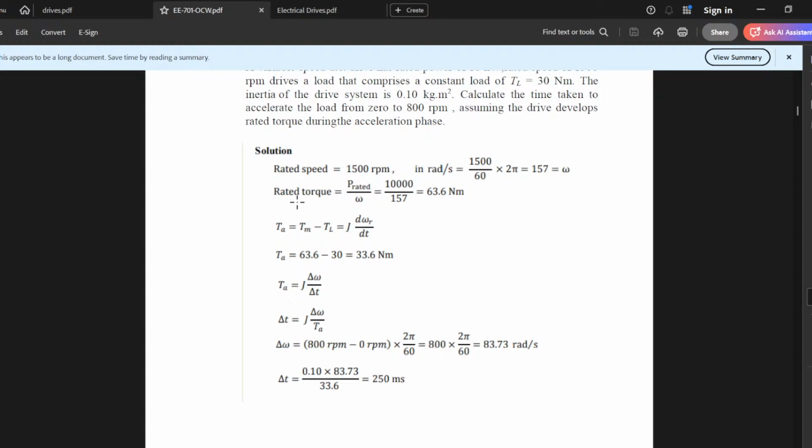TA is the difference in torque. So here 63.6 minus 30 is equal to 33.6. It's correct.